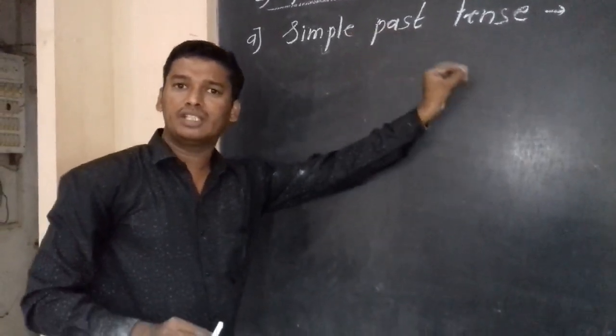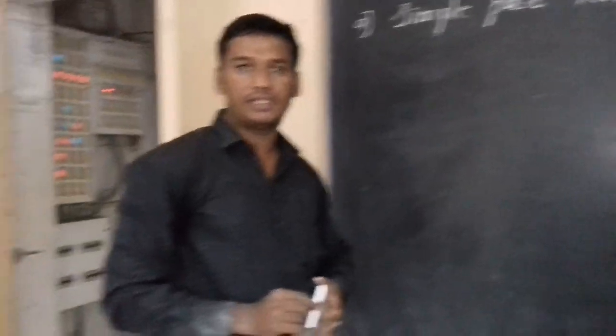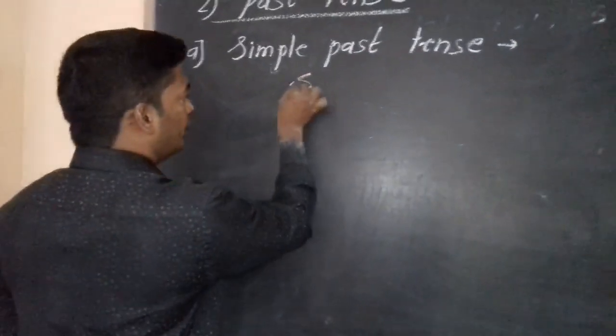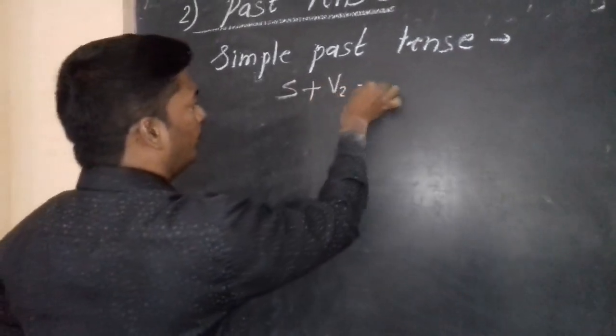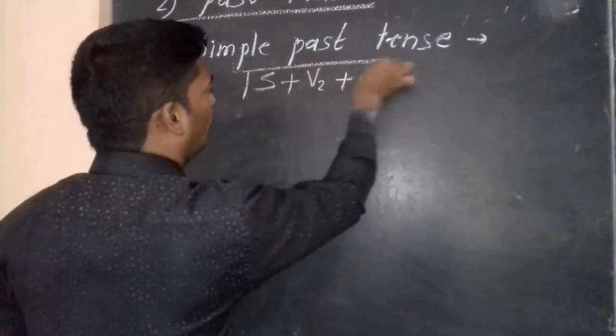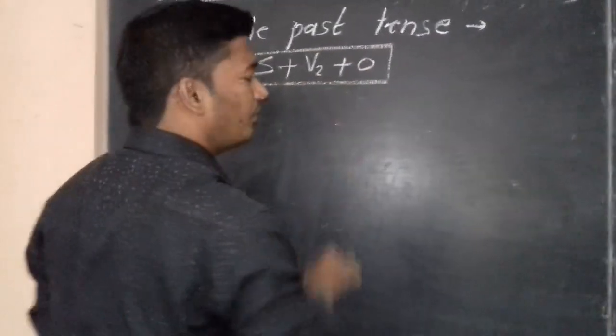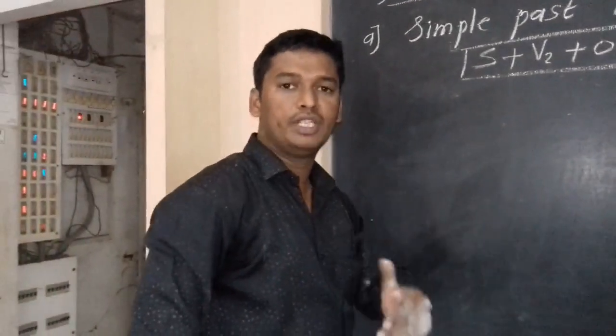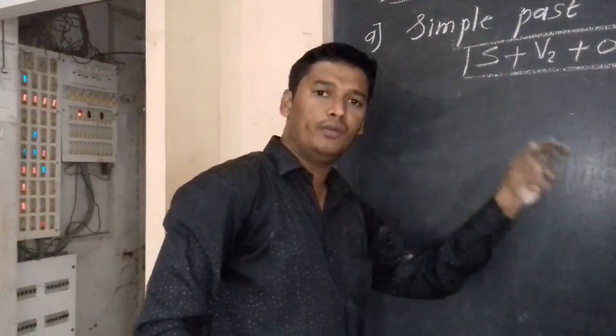Now, what is the structure of simple past tense? Look, S plus V2 plus O. V2 means the past form of the verb.